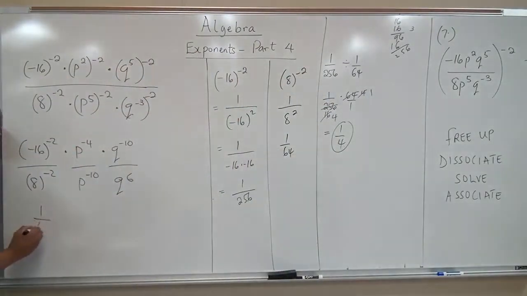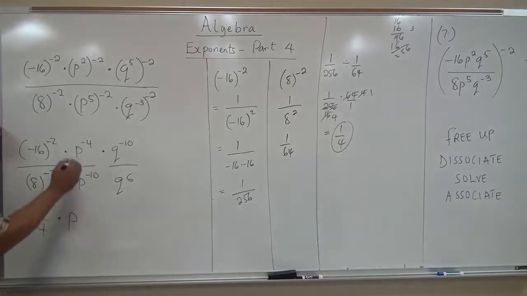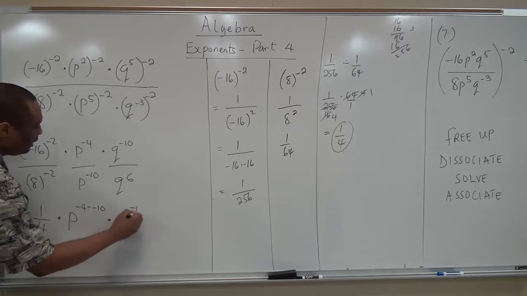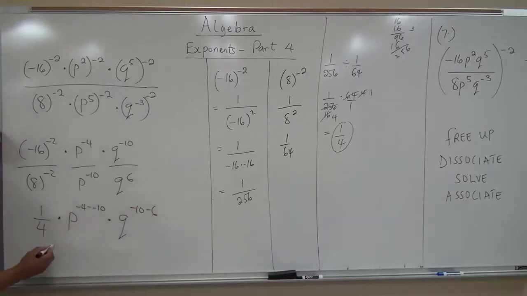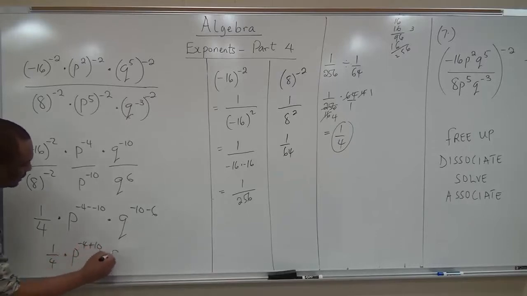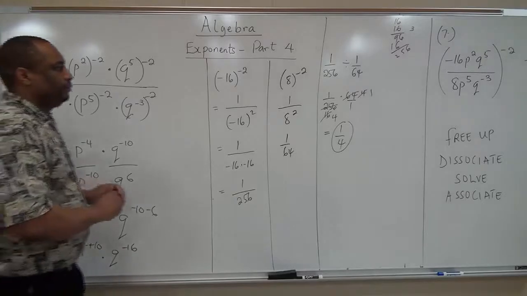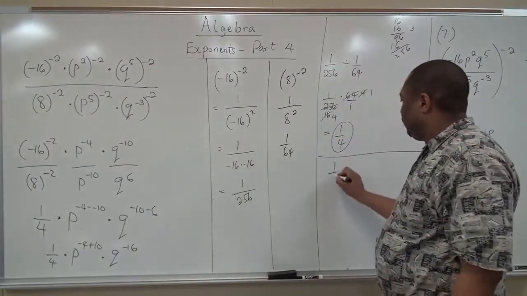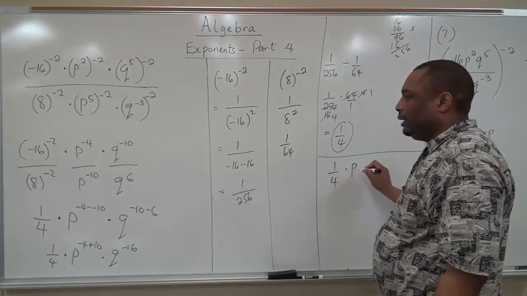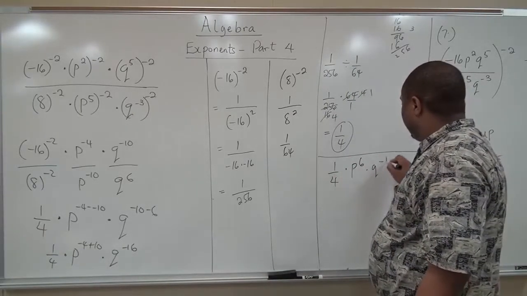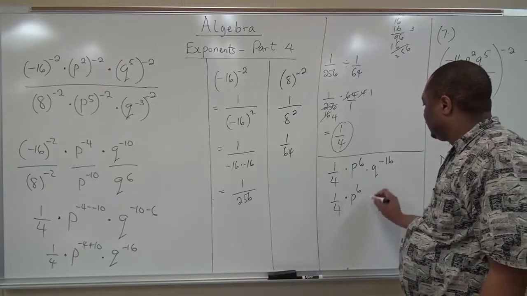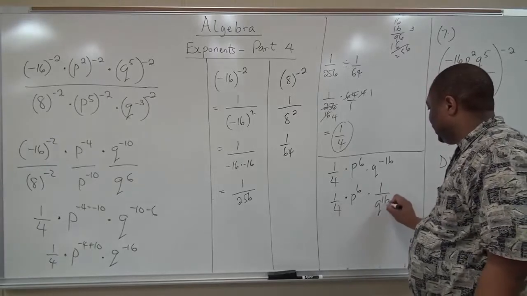So this will be 1 over 4 times P, this is negative 4 minus 10 times Q, 10 minus 6. So this will be 1 over 4 times P, negative 4 plus 10 times Q, negative 16. And what we have now is 1 over 4 times P, 6 times Q, negative 16, which is 1 over 4 times P, 6 times 1 over Q, 16.